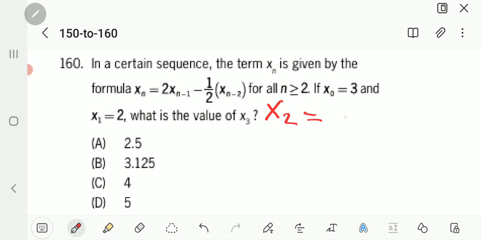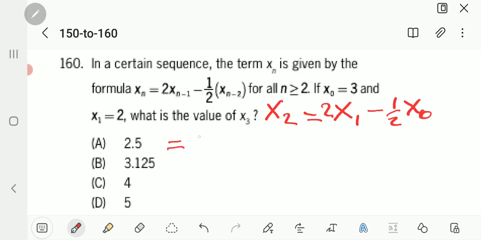According to this, S2 is 2S1 minus half S0.